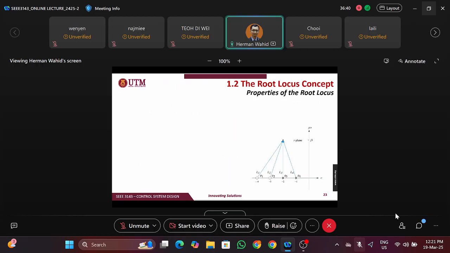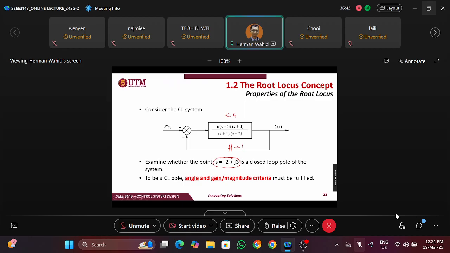So what we need to do first is identify the zeros and also the poles of the open loop transfer function. It is not only the forward transfer function, it's basically the open loop transfer function, because the open loop transfer function from here is KGH.